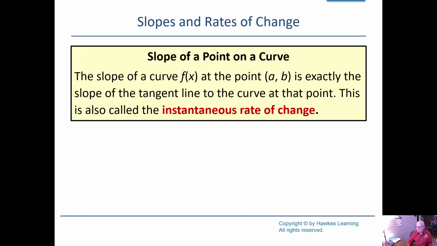So the slope at a point on a curve, for average speed, remember we have a time interval. We're going from one point to another point in the average speed. For instantaneous, we go to 1 point, not 2 points.